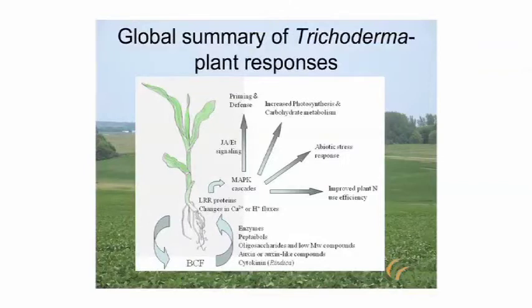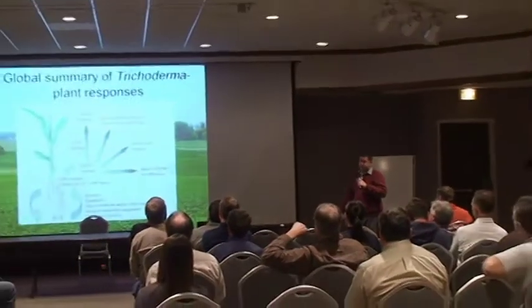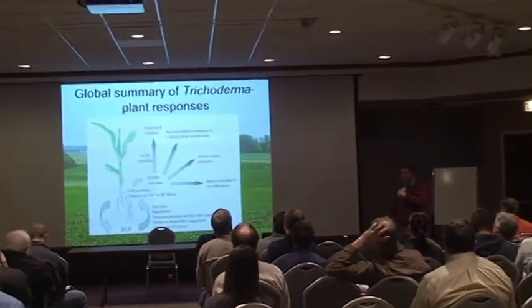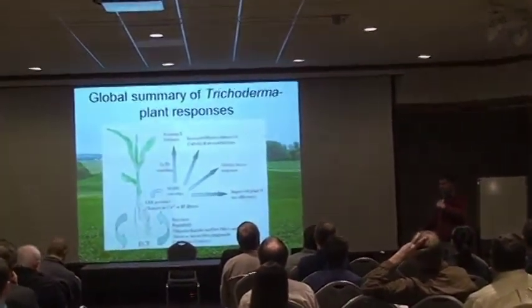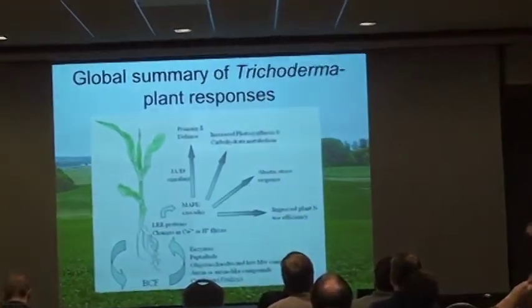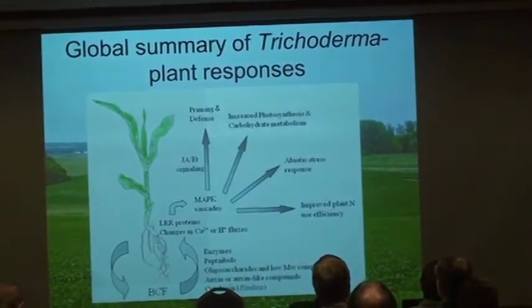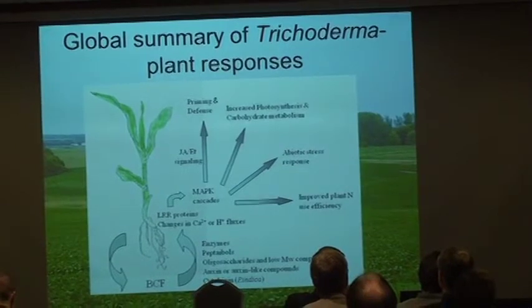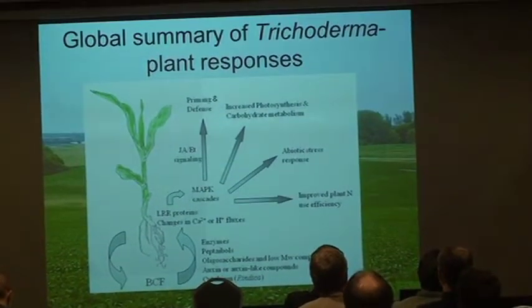And this is really a complicated type of chart, but it just shows that microbes are very complicated in the way they interact with the plant. Bottom line, they do change plant physiology. By changing plant physiology, we have more roots, a larger diameter stalk, and more leaf matter above ground. That means we can extract more nutrients, we have a plant that stands better, and we can harvest more sunlight.